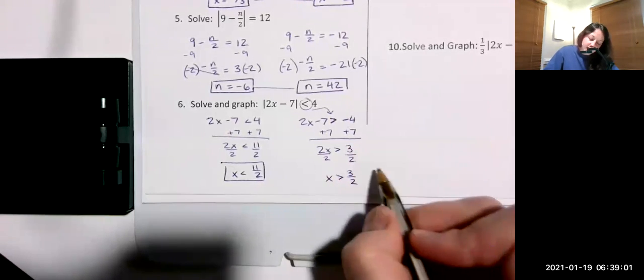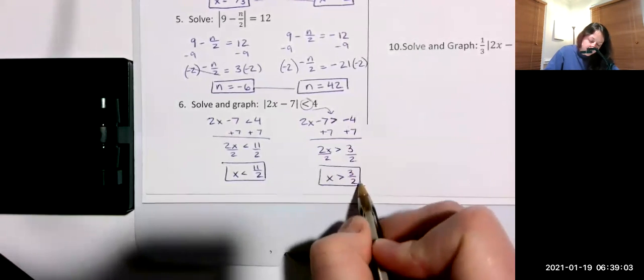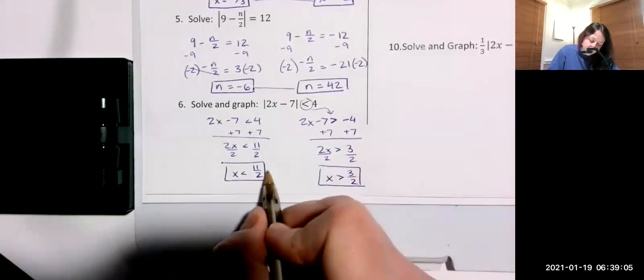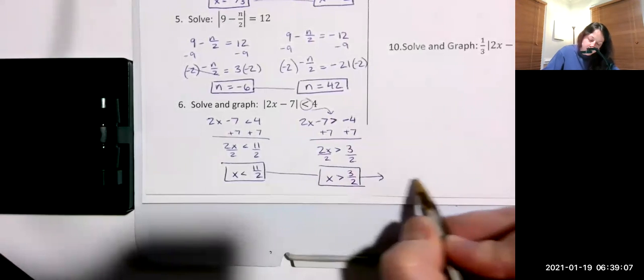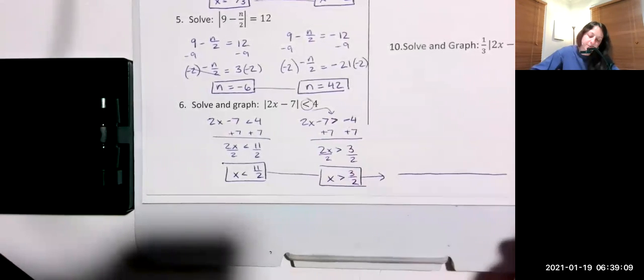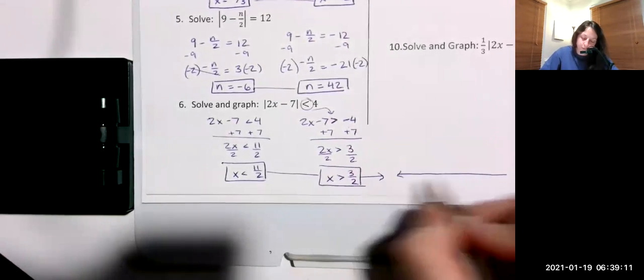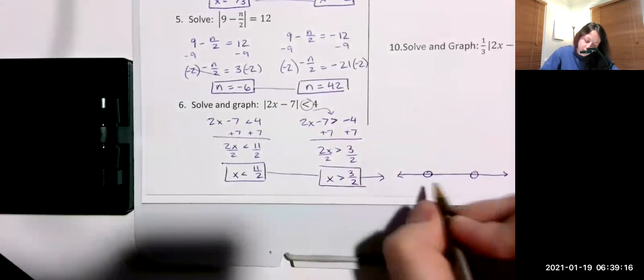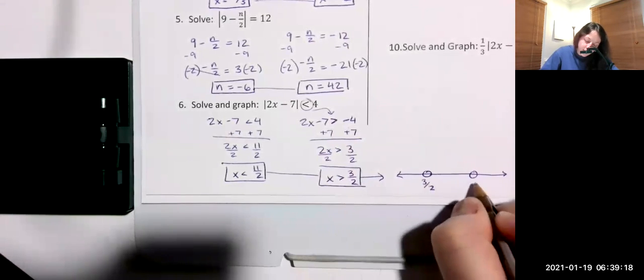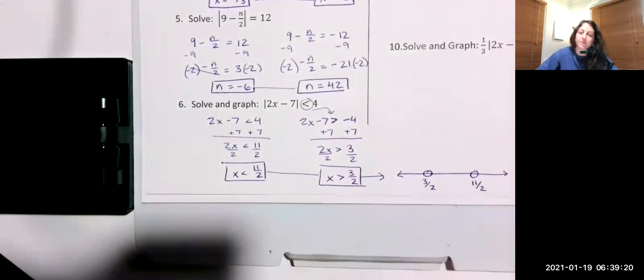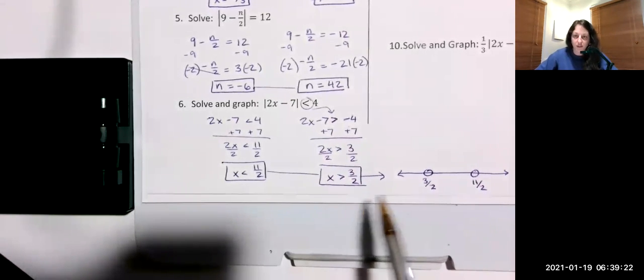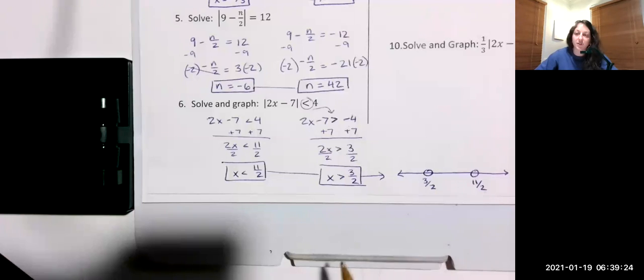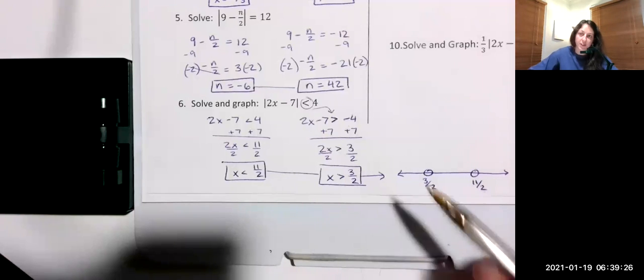So for number 6, I'm going to go over to my number line. All right, here's my number line, and I'm going to plot this out. Open circles, and then 3 over 2 and 11 over 2. 3 over 2 is less than 11 over 2, so it goes to the left side.